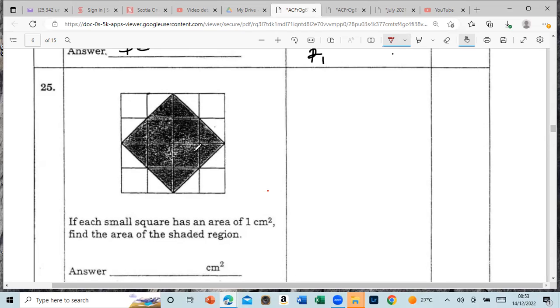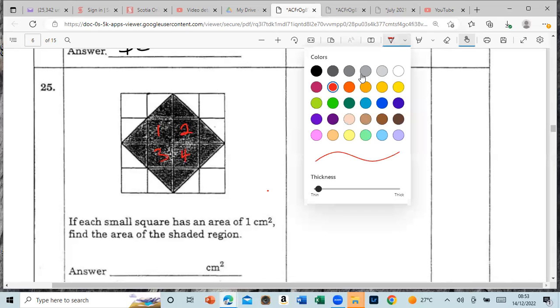Alright, let's go. First, we know that these are halves, right? So let us not consider the halves right now. Could be 8, but let us not consider the halves right now. So we're going to count the wholes, which is 1, I'm going to put them in red, 2, 3, 4. And we have the halves now. So 2 halves make 1. Let us color code it and show you guys.